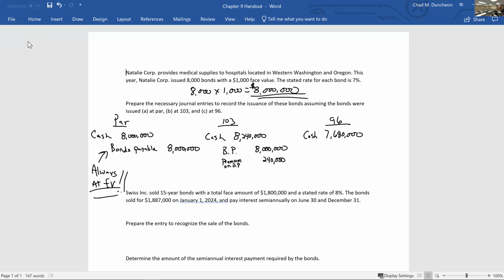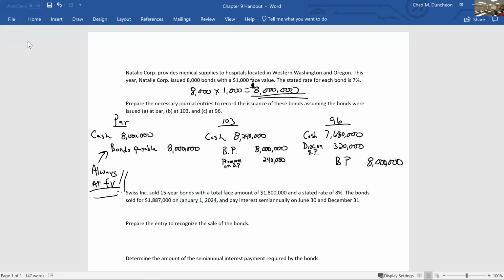7,680,000 in cash. Okay, I'm going to skip a line and tell you bonds payable always goes on the credit at face value for 8 million. So here our discount is going to have a normal debit balance anytime we issue for less. So we have a discount on bonds payable account, and it'll be $320,000 would be the total discount.